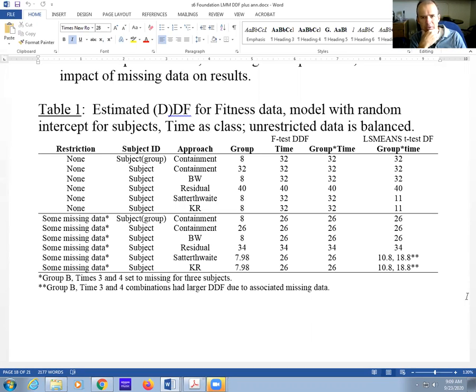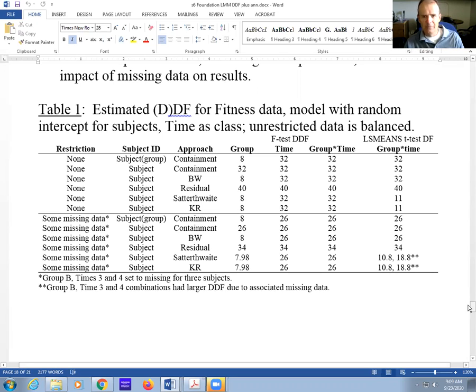I'm not going to go into real detail or quiz you on figuring out degrees of freedom. I just want you to get the basic idea. A few comments: the residual and the asymptotic methods are going to be the most liberal because they're going to have the highest degrees of freedom.